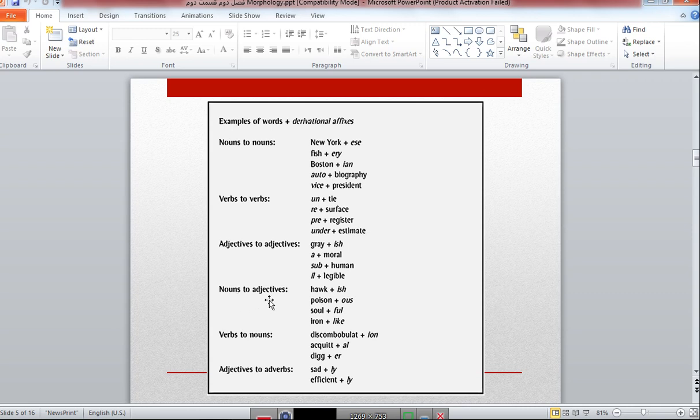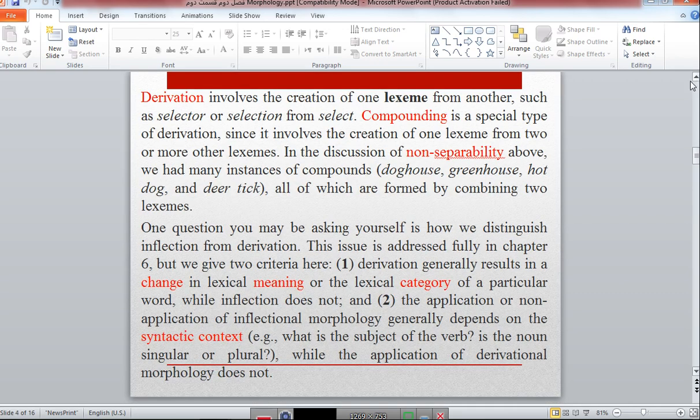Nouns become adjectives, and verbs to nouns, and again here adjectives to adverbs. So derivational affixes, as I told you, may change the meaning, or may change the part of speech of the word. This is the difference between inflectional affixes and derivational affixes.